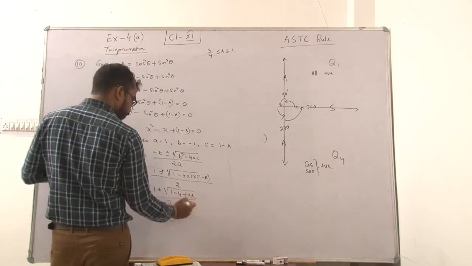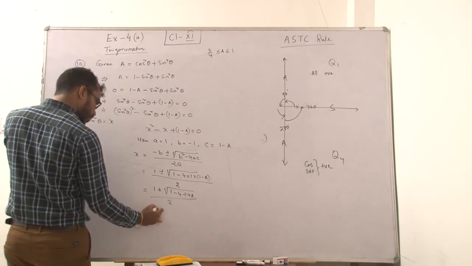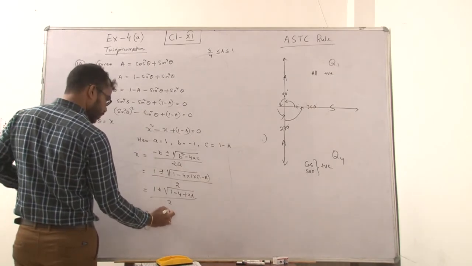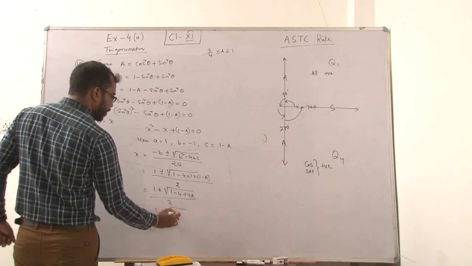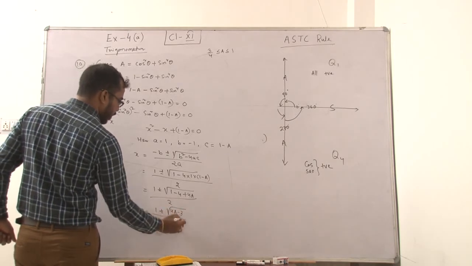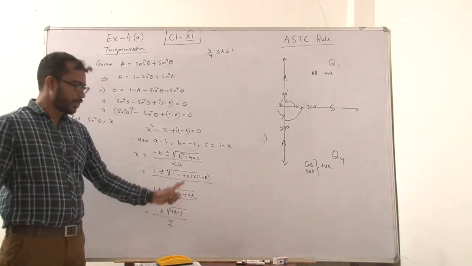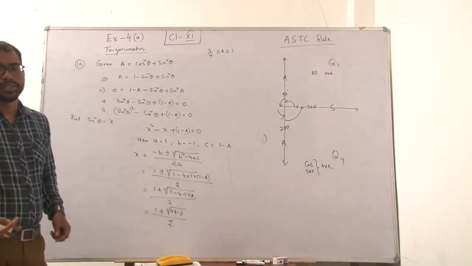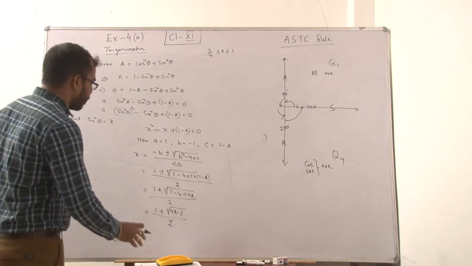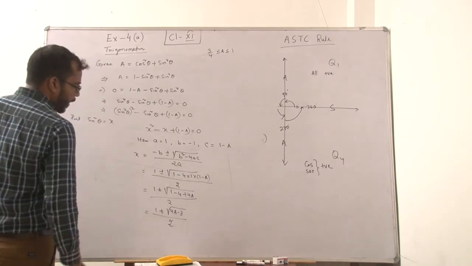So the value is 1 plus minus root over 4a minus 3 by 2. So this is the value of b square minus 4ac, or you can say it is the discriminant. Okay. So the value of x is this.